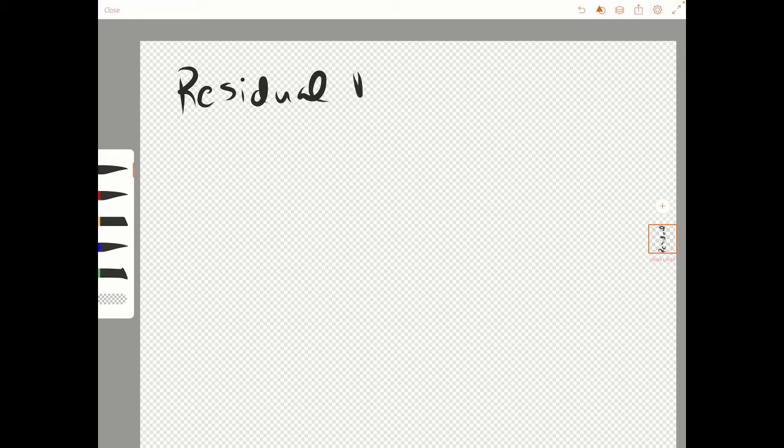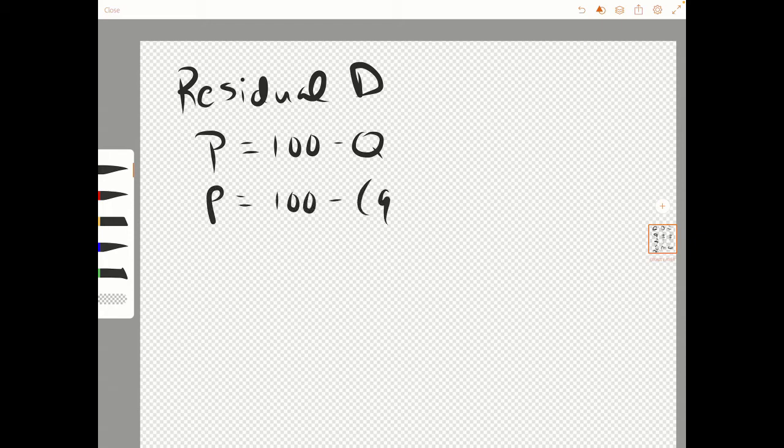It's something we refer to as the residual demand curve. It's what's left over. So if our demand function looks like this, and Q is QA plus QB, then our demand function really looks like this.